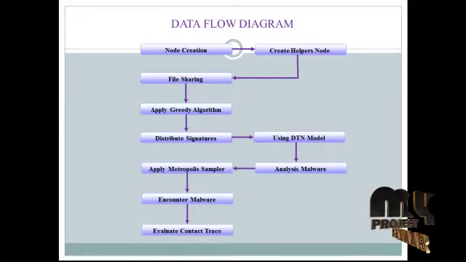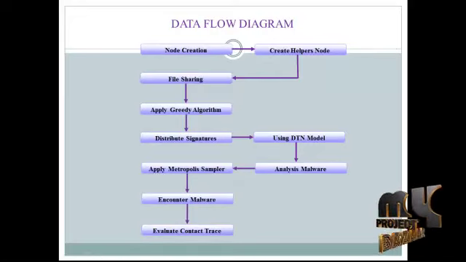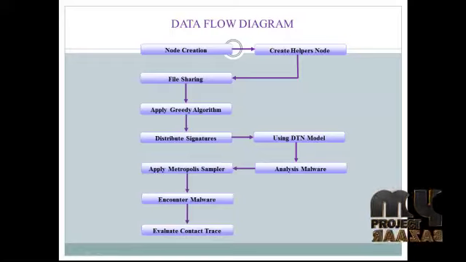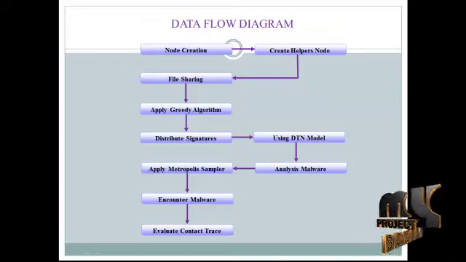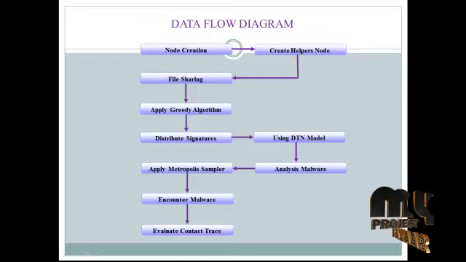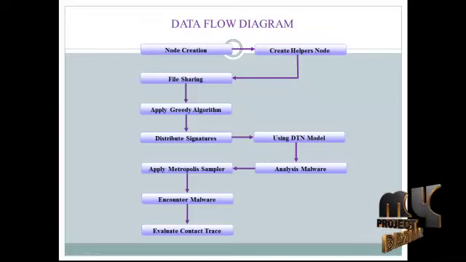Now the flow of the process. Initially we create the node, and based on the node creation we create the helper node, and then we do file sharing. The file sharing is applied to the greedy algorithm to find the optimized path between the source and destination. Based on this, distributed signatures are spread to the helper nodes using the DTN model.